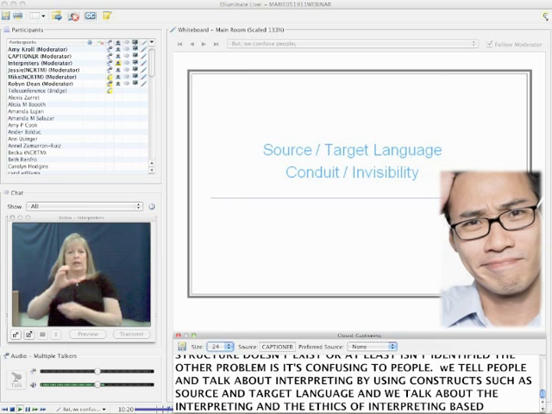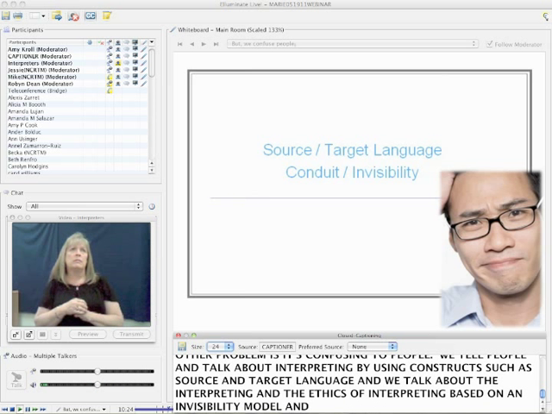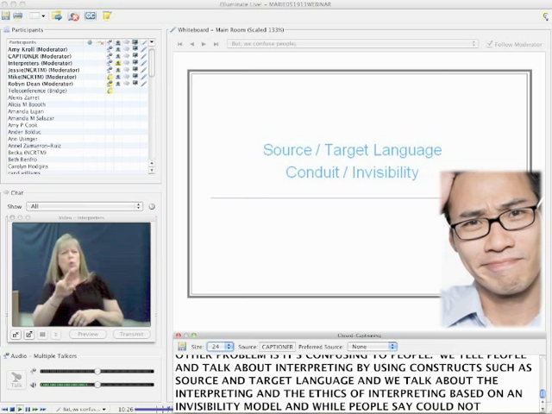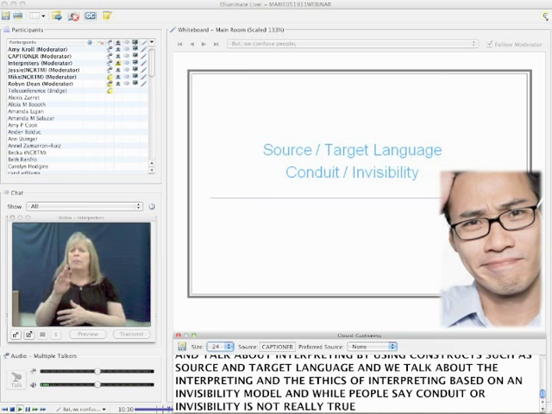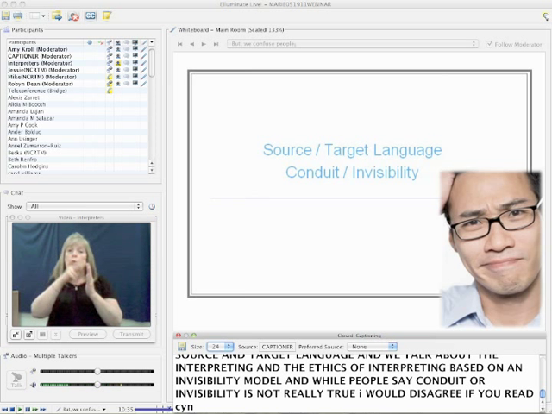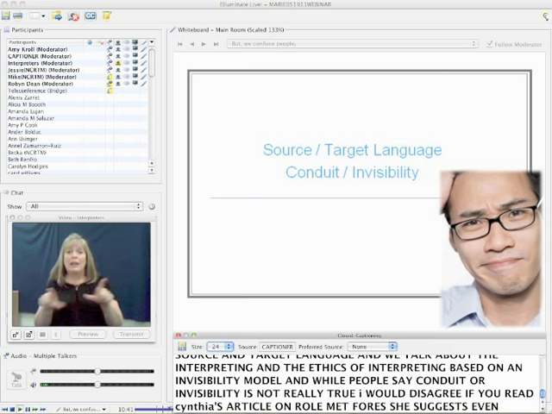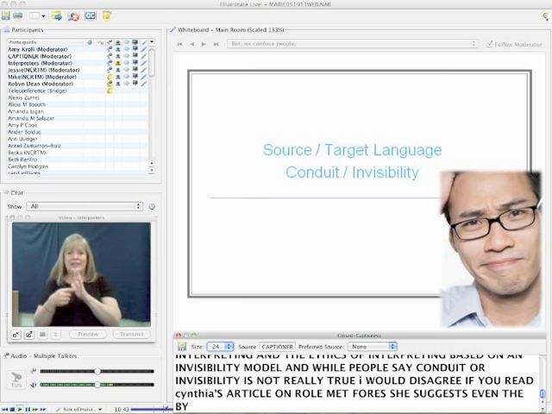And while many people might say, well, that's really an old model, conduit or invisibility is not really true, I would disagree. If you read Cynthia Roy's article on role metaphors, she suggests that even the bilingual, bicultural model is still based in conduit, and that we still, to this day, value invisibility as a profession.